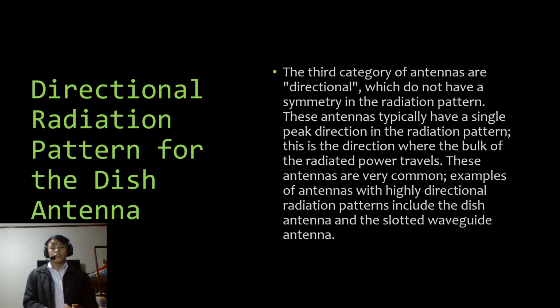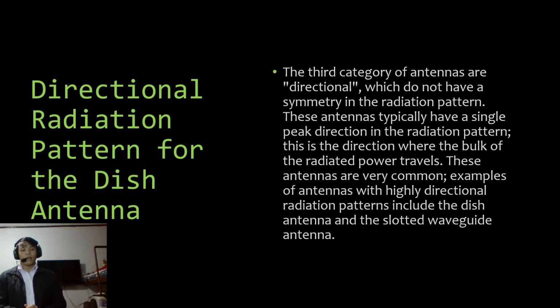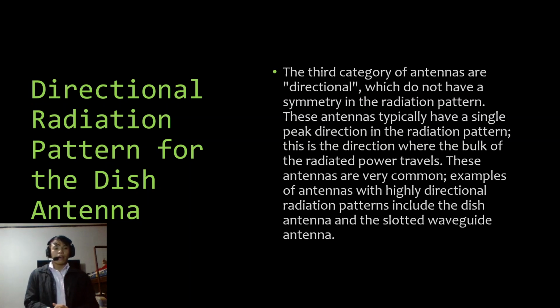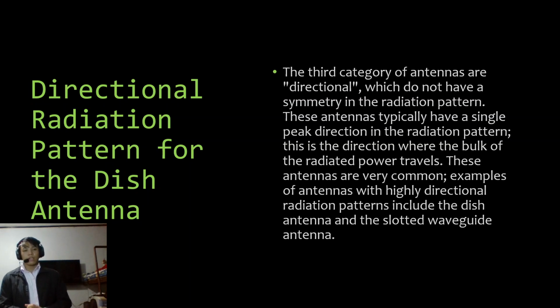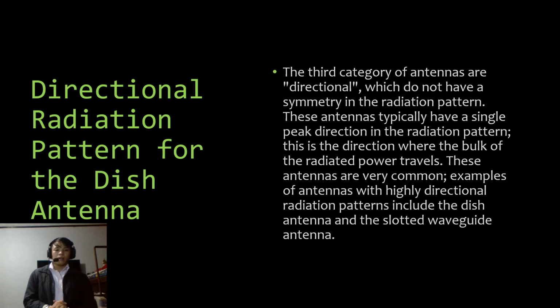So, directional radiation pattern for the dish antennas. The third category of antennas are directional, which do not have a symmetry in the radiation pattern. These antennas typically have a single peak direction in the radiation pattern.